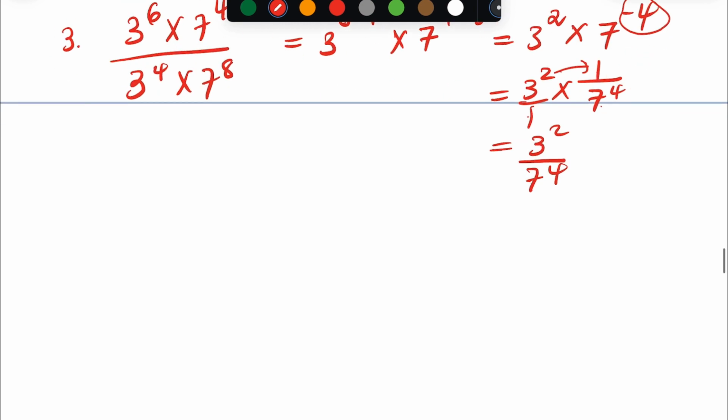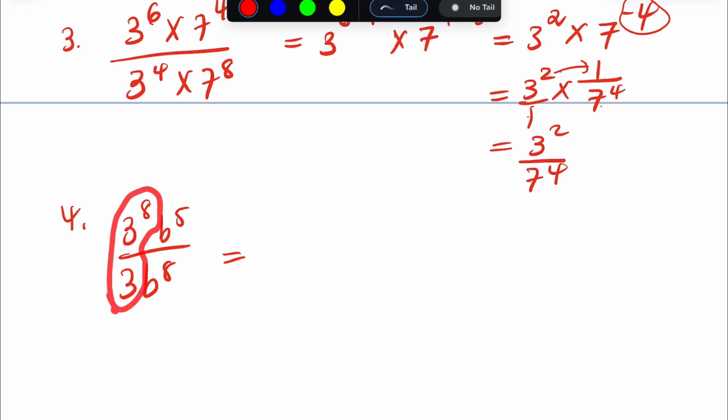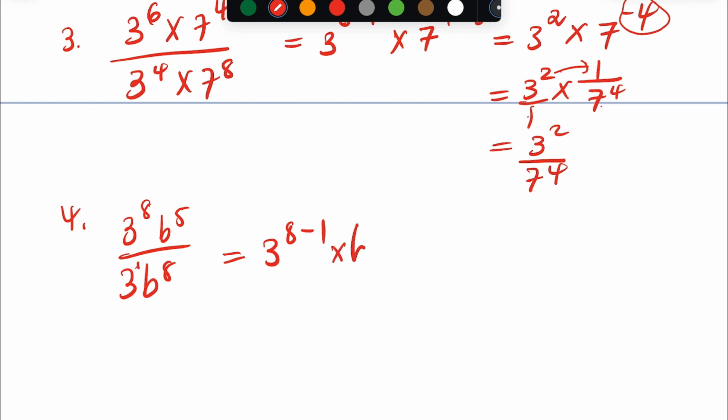Right, let's take the fourth example. The last one is 3 to the power 8 times b to the power 5 divided by 3 to the power 1 times b to the power 8. So this is what we do. We take the base of 3, and then it's going to be 8 minus 1. There's a 1 there, and then times b.